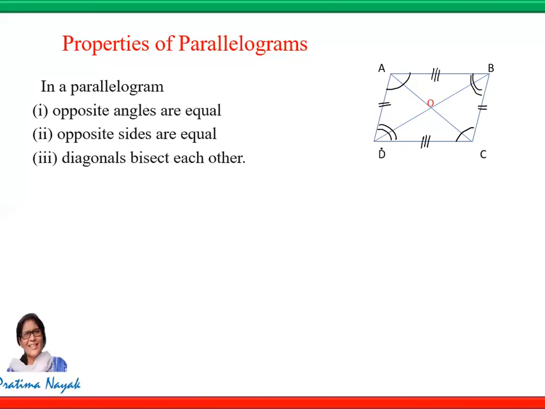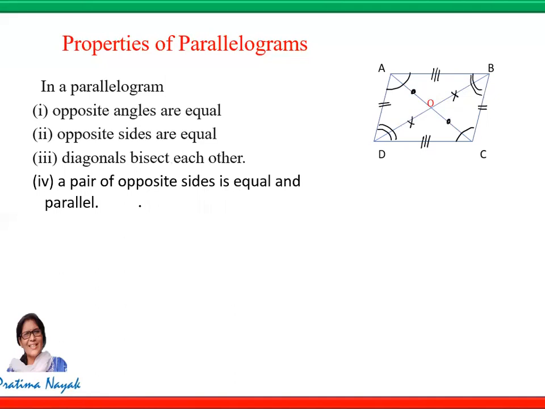And diagonals bisect each other, so BO is equal to DO and AO is equal to CO. These are the properties of the parallelogram. And a pair of opposite sides is equal and parallel: AB is parallel to CD, AB is equal to CD.